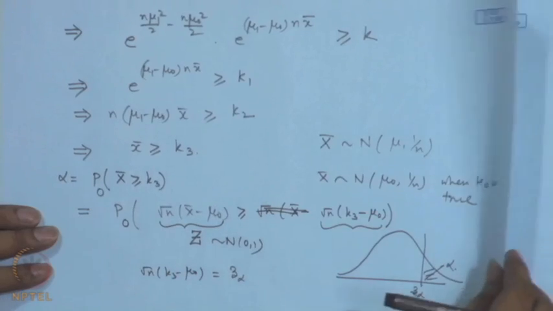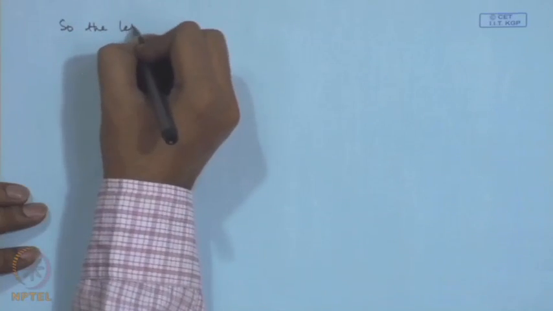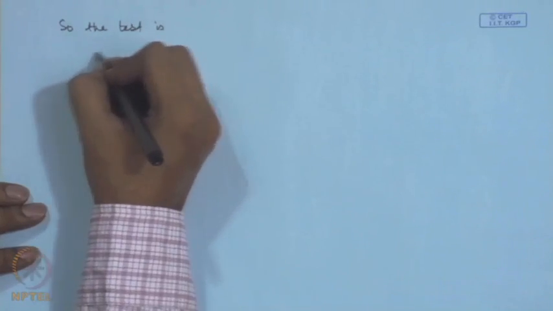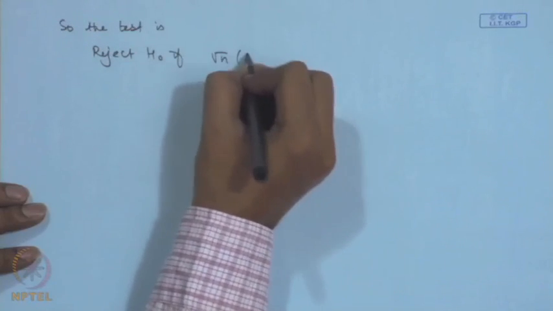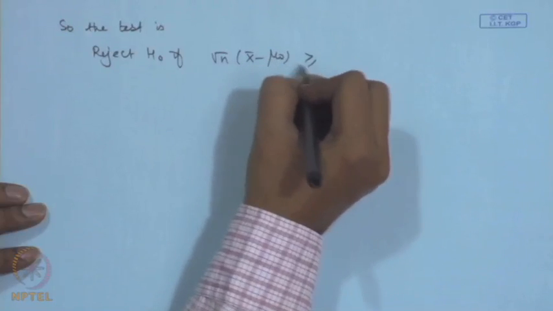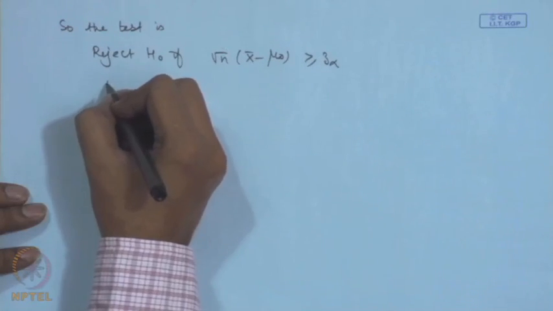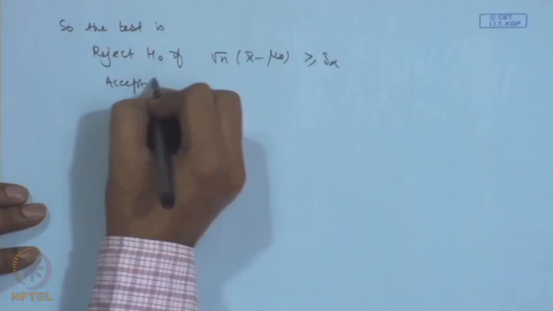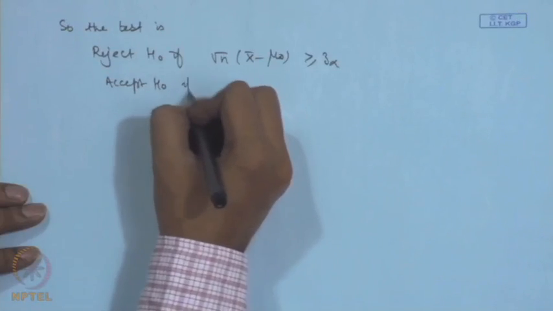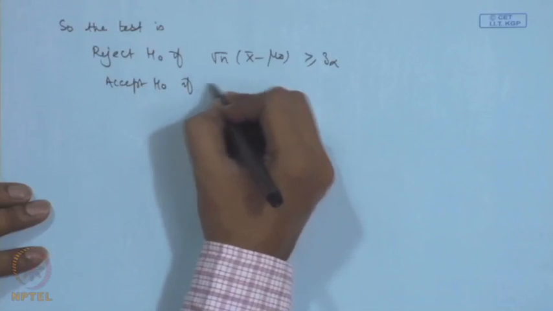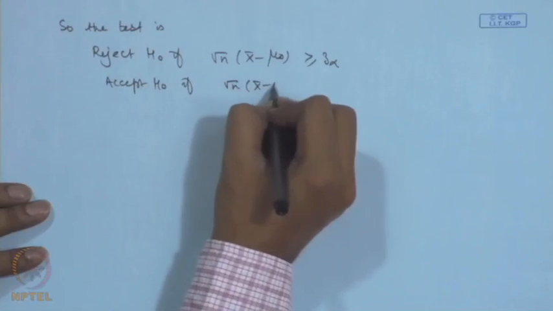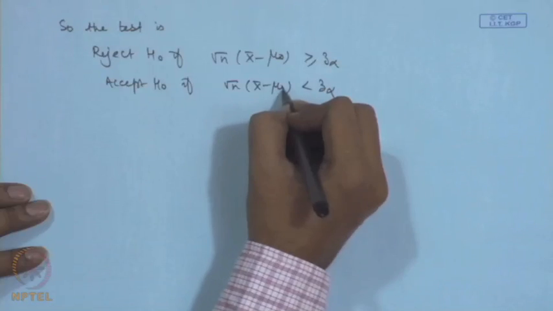So, the test is reducing to: reject H naught if root n x bar minus mu naught is greater than or equal to z alpha, and accept H naught, or you can say reject H 1, or do not reject H naught, if root n x bar minus mu naught is less than z alpha.